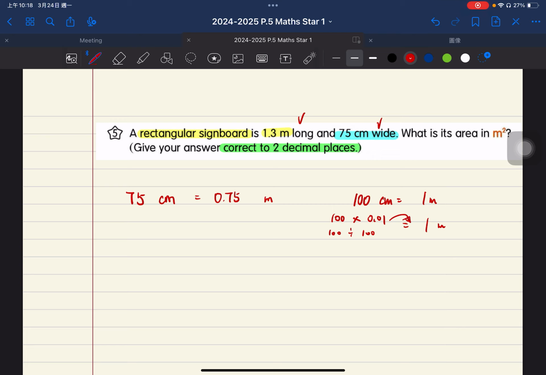Or you can present it like this. After we write it this way, it's simple: 1.3 times 0.75. Or you can write it like this way.